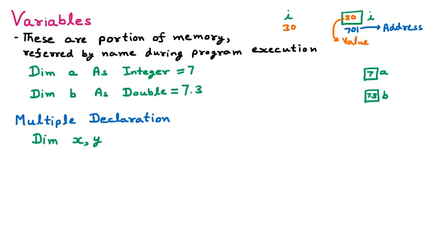Of which type are we declaring these two variables? As Integer. So we are declaring these two variables of integer type. Now in the memory two blocks are reserved, one is x and one is y.